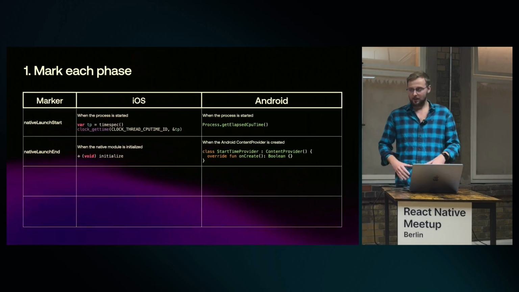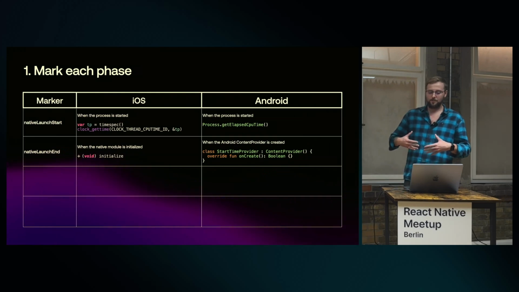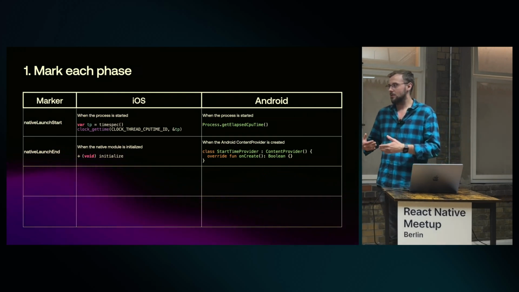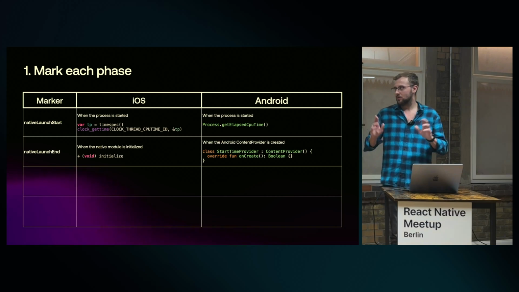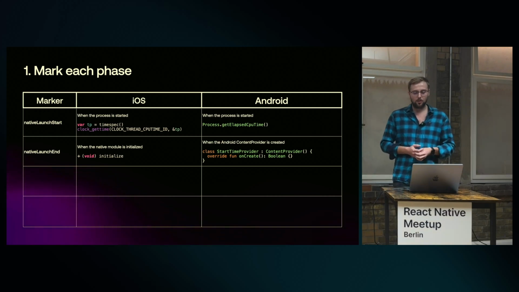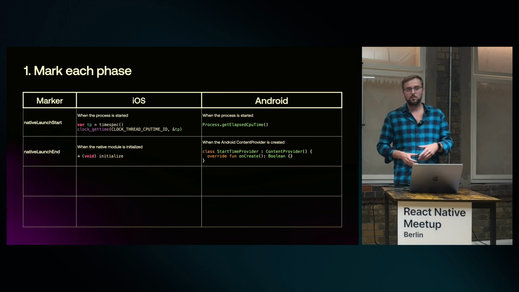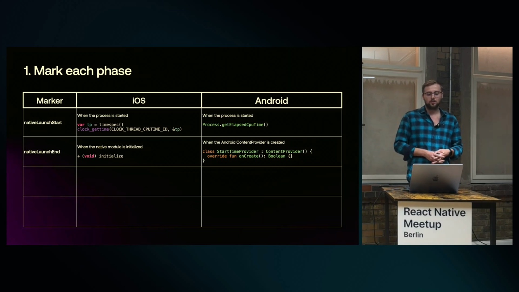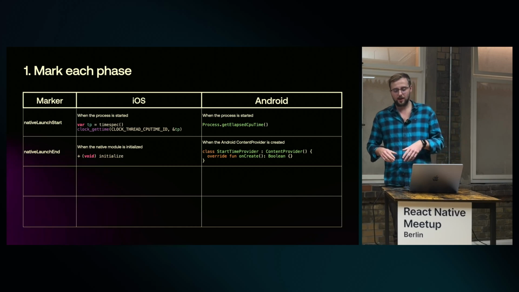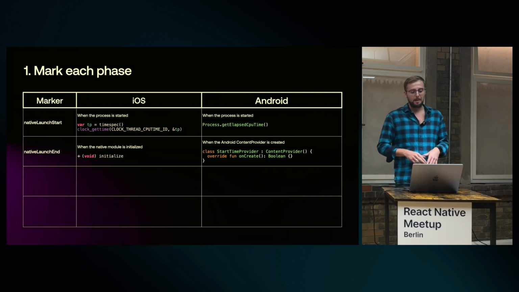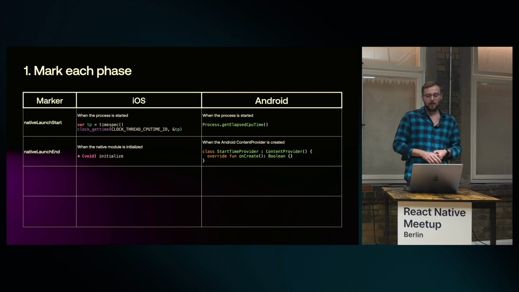Taking a closer look, what does it really mean in practice? What are these markers? The native launch start is captured when the process is started, and both platforms provide some low-level APIs to read that timestamp.